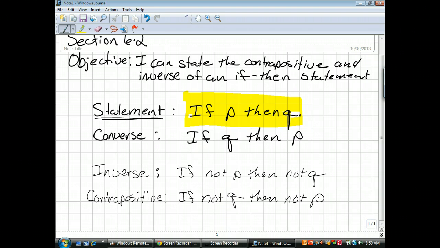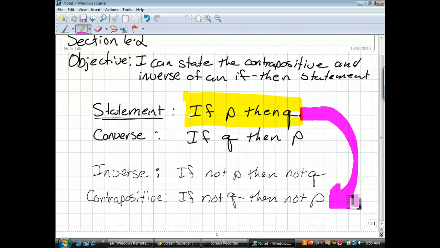Okay. Now, the important point here is if the original statement is true, then the contrapositive must be true. If the original statement is false, then the contrapositive must be false.